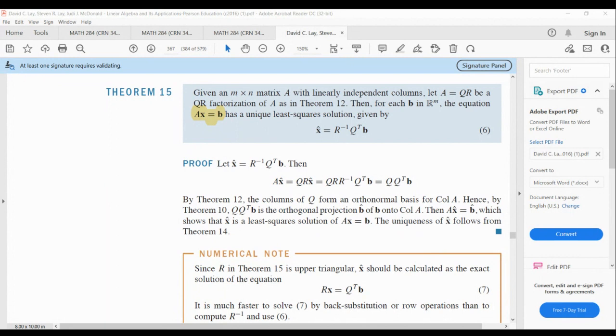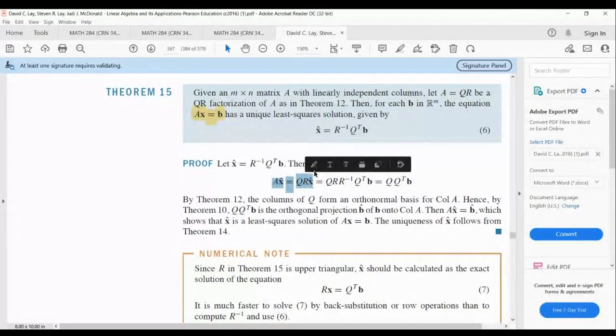And to prove this, here's a portion of the proof. You have A times X hat, but if A is Q times R. So, let me rephrase it a new way.